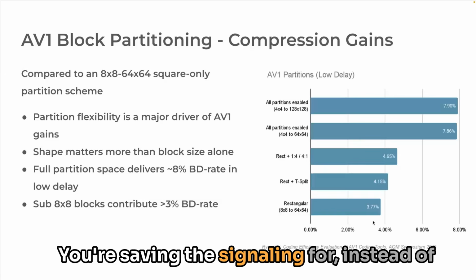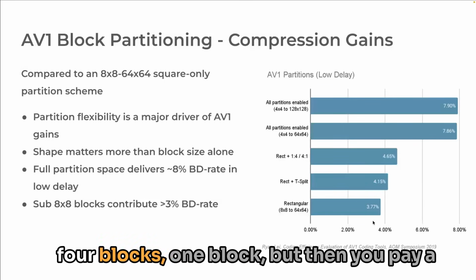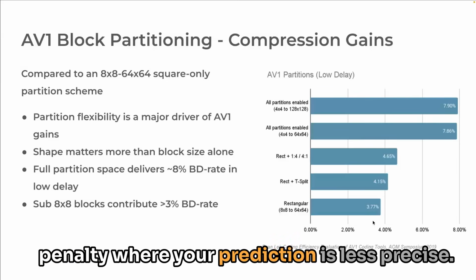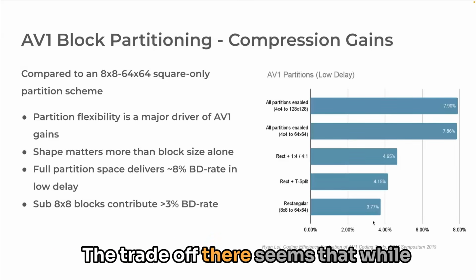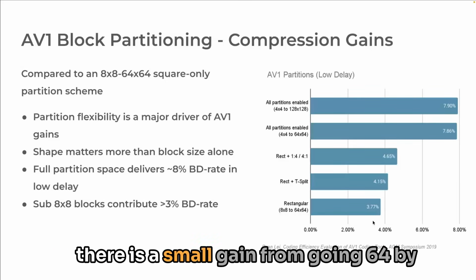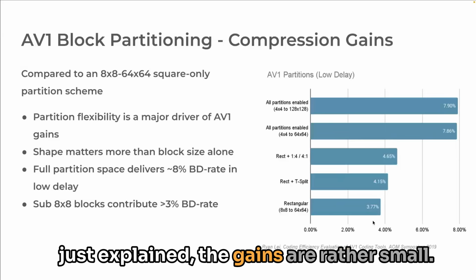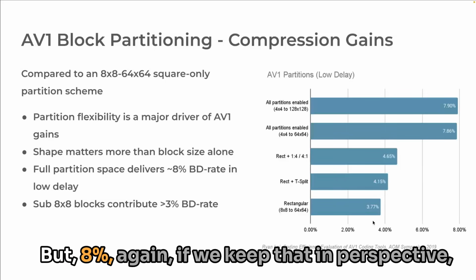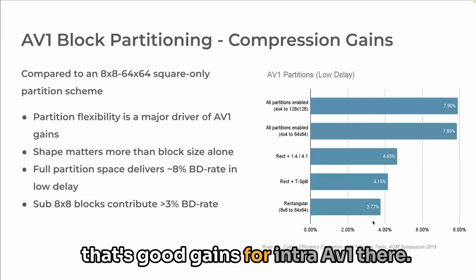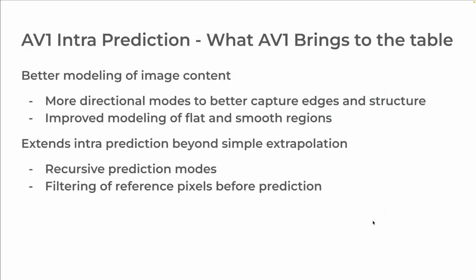You're saving the signaling for, instead of 4 blocks, 1 block. But then you pay a penalty where your prediction is less precise. The trade-off there seems that while there is a small gain from going 64 by 64 to 128 by 128, because of the reasons I just explained, the gains are rather small. But 8%, again, if we keep that in perspective, that's good gains for Intra AV1 there.